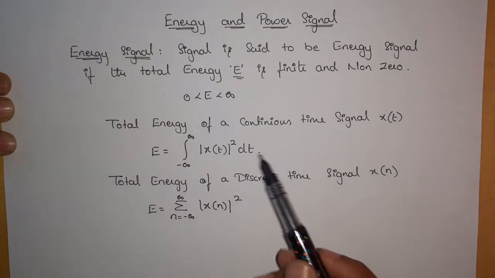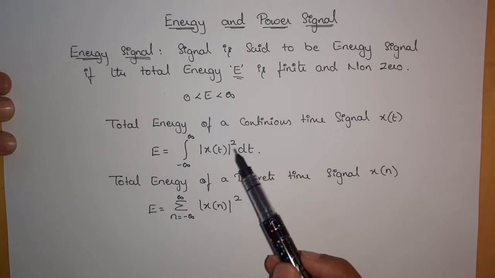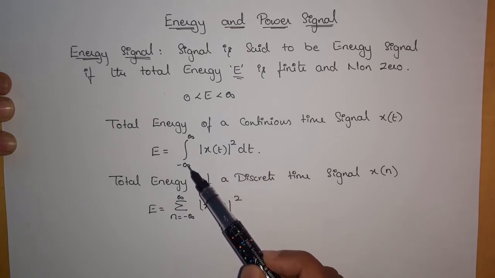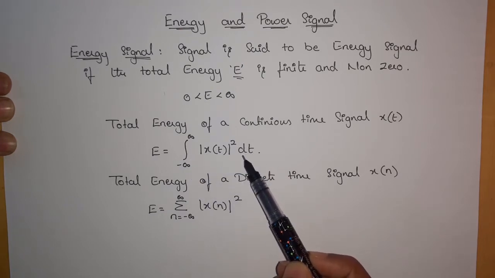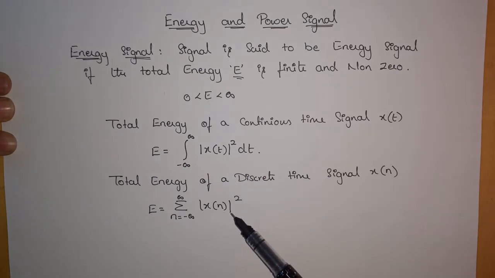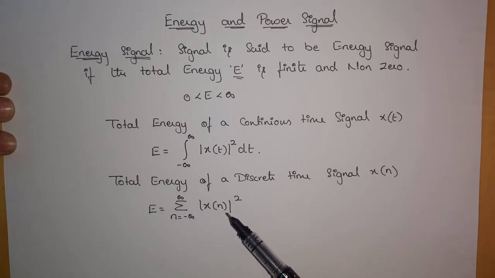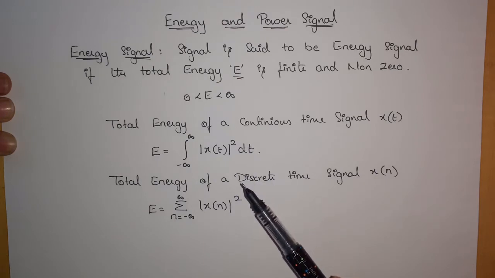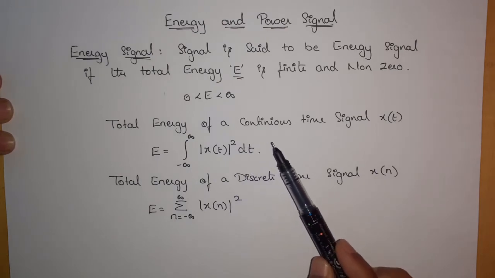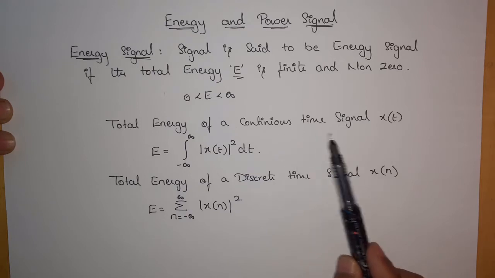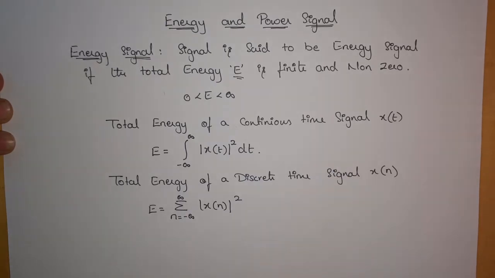For a continuous time signal, it is the integration of x of t whole square into dt, and for a discrete time signal, it is the summation from minus infinity to plus infinity of x of n whole square. This is about energy signal. For energy signal, we have two equations, one with respect to continuous time signal and another with respect to discrete time signal.